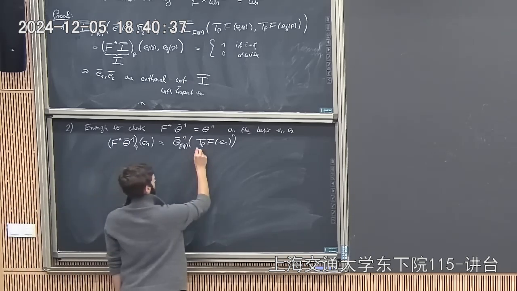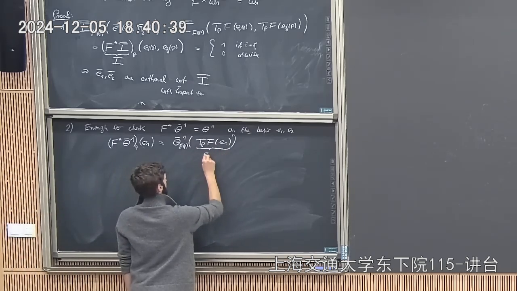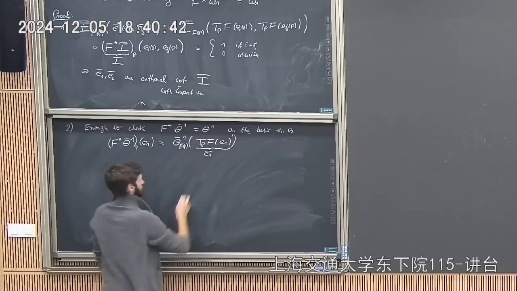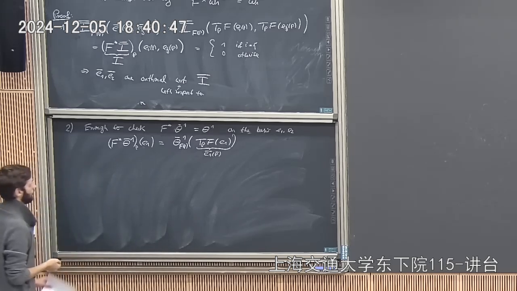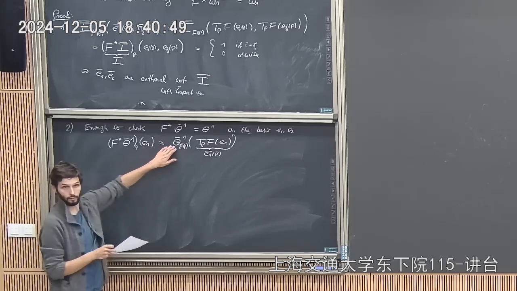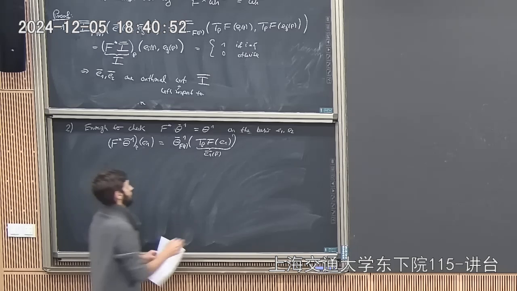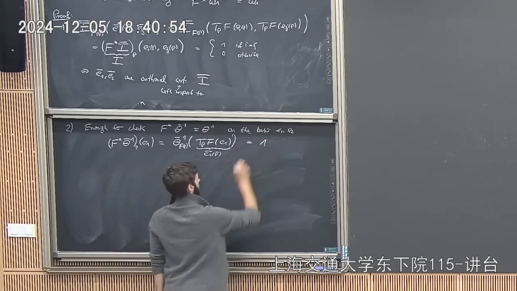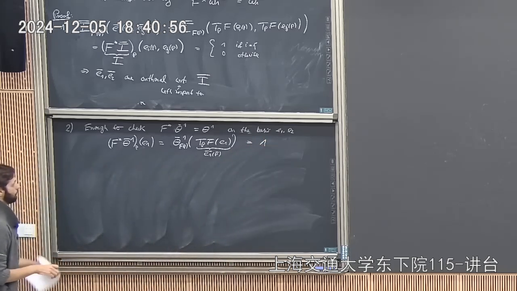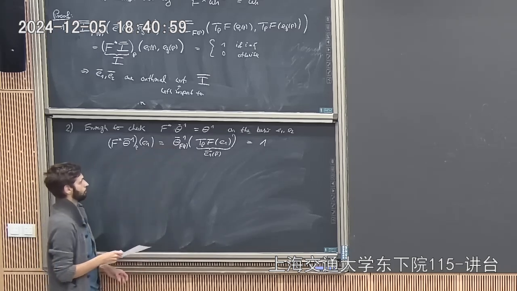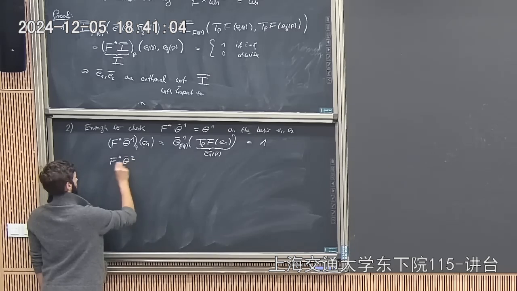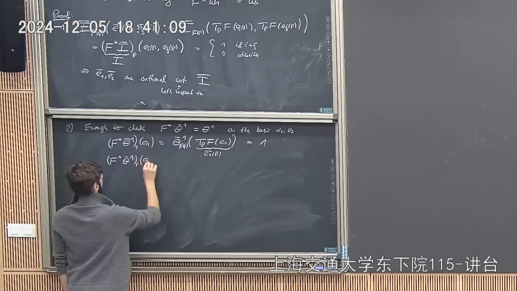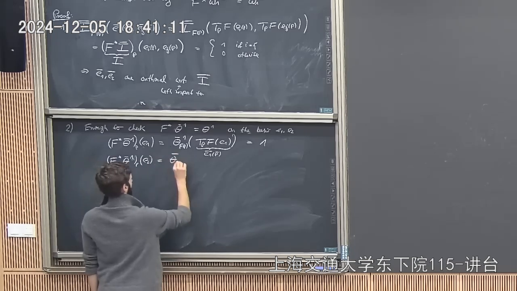But this one was by definition E1 bar of F of P, and theta 1 bar was the dual element of that. So this one is just 1 because that's the definition of the dual. And similarly, we can apply this time to E2. We do the same trick.